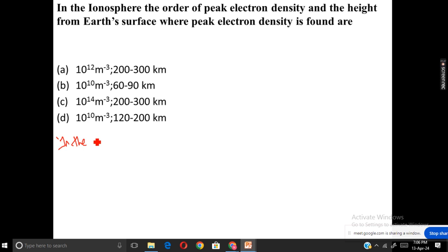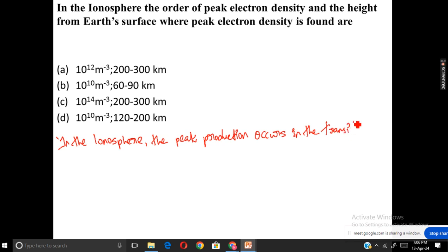So in the ionosphere, the peak production occurs in the transition zone between the F1 and F2 layers.